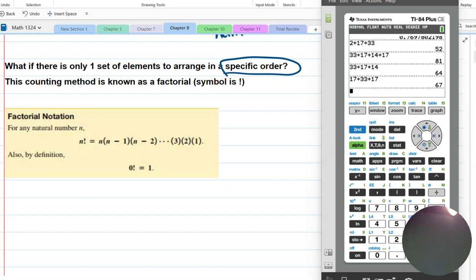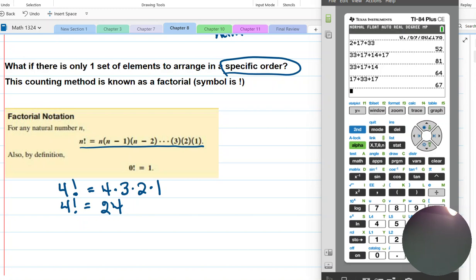So if I had 4 factorial, that means I would have, starting with the 4, times the 3, times the 2, times the 1, which is what they're explaining right here in this description. So then I would know then that 4 factorial means multiplication of all numbers leading back to 1, because you can't have negatives. That would be 4 times 3 is 12, times 2 is 24, times 1 is 24.